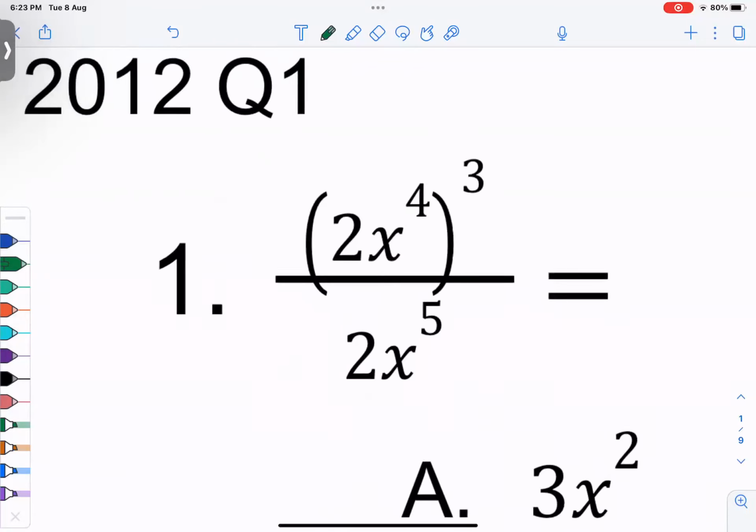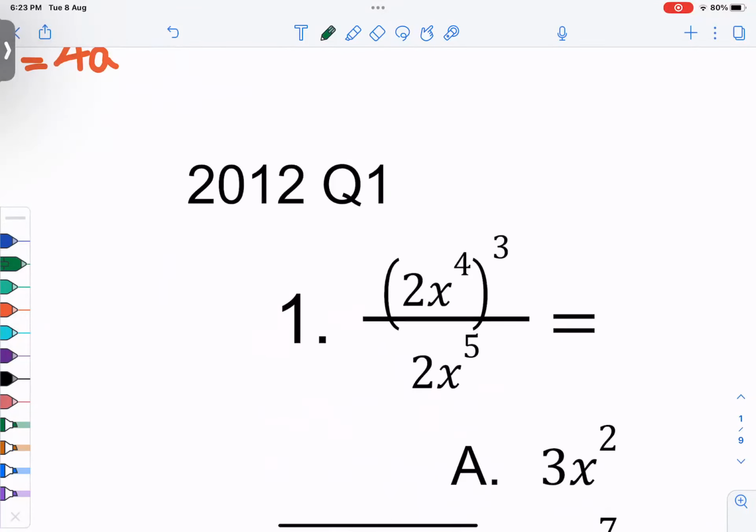What does the power outside do first? We have to times 4 times 3 and then 12 minus 5.